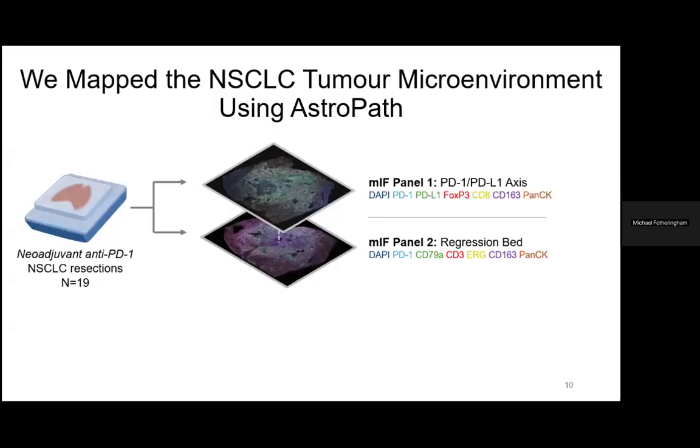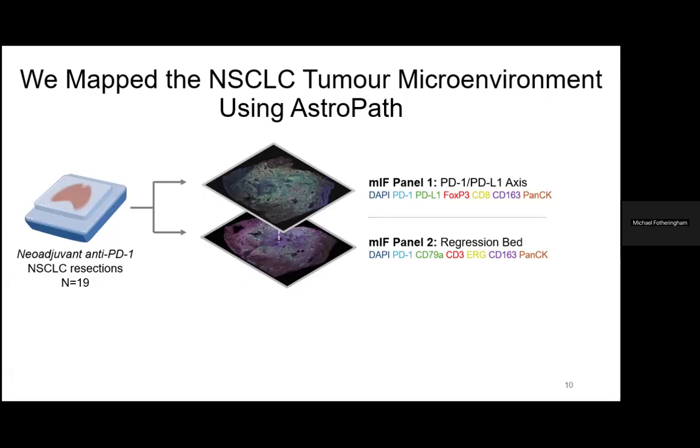To answer this question, we are analyzing lung resection specimens from neoadjuvant anti-PD-1 treated lung cancer. We have 19 specimens. I should mention that neoadjuvant anti-PD-1 is not standard of care. This isn't typical treatment.